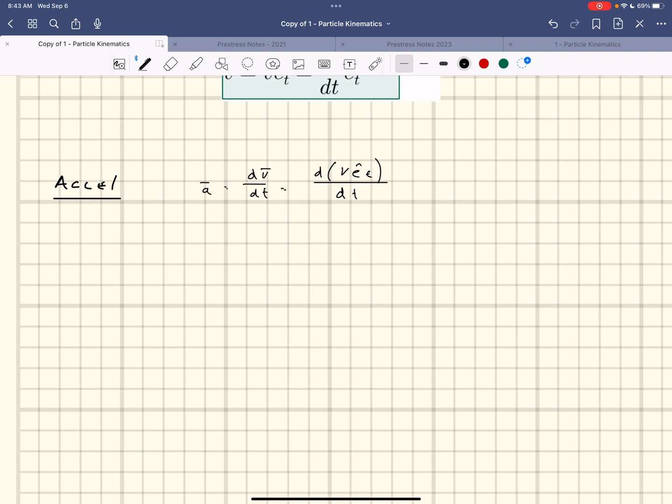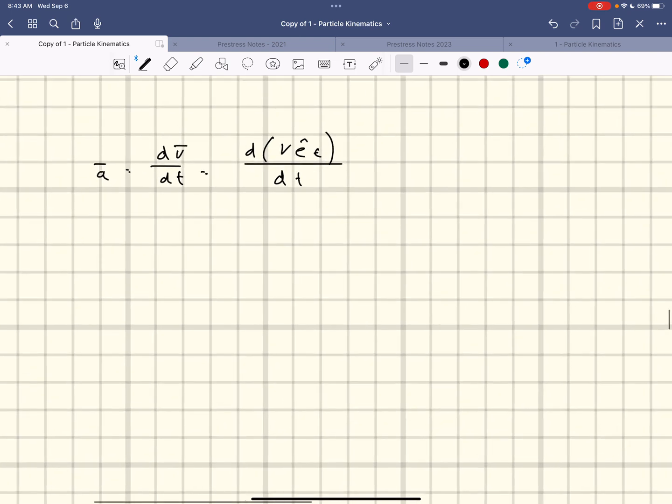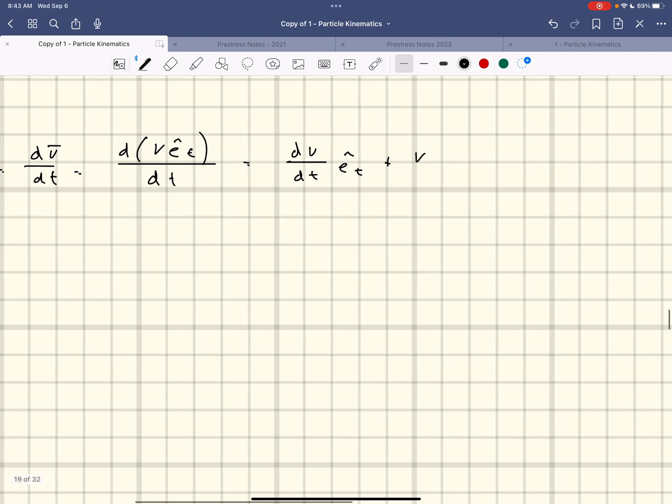And so to take that derivative, we have to do the product rule. So we take the derivative of the first thing, leave the second thing alone, derivative of the second thing, leave the first thing alone. So this becomes: take the derivative of the first thing, dv dt, in the ET direction, plus leave the first thing alone, which is v, take the derivative of the second thing, which is ET hat, dt.